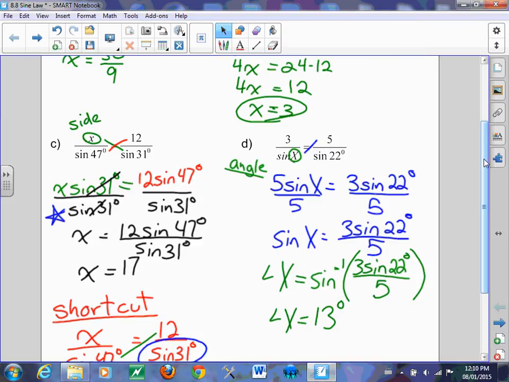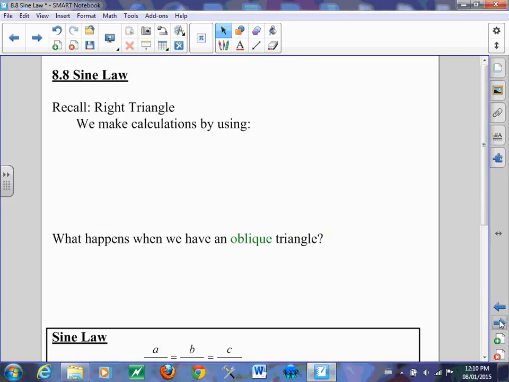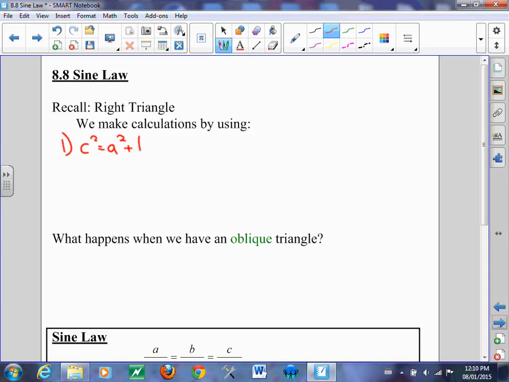Let's take a look at the sine law. Okay, recall, ladies and gentlemen, when we've got a right triangle, we can make calculations using two things. Okay, one is Pythagorean theorem. So that's c squared equals a squared plus b squared.